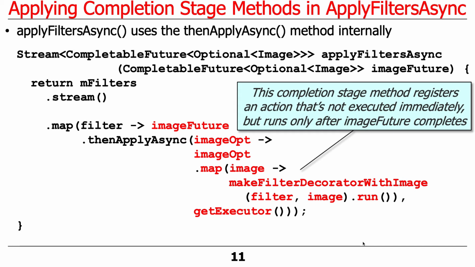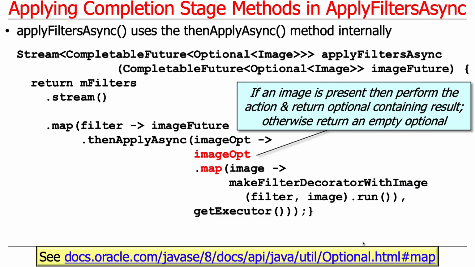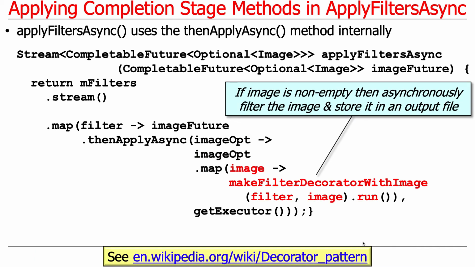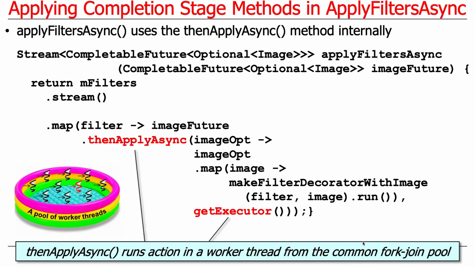And that run call, which is a synchronous call, occurs in the context of thenApplyAsync. So this, of course, only gets called if there is a valid image. And this will then get called asynchronously in the context of supplyAsync.